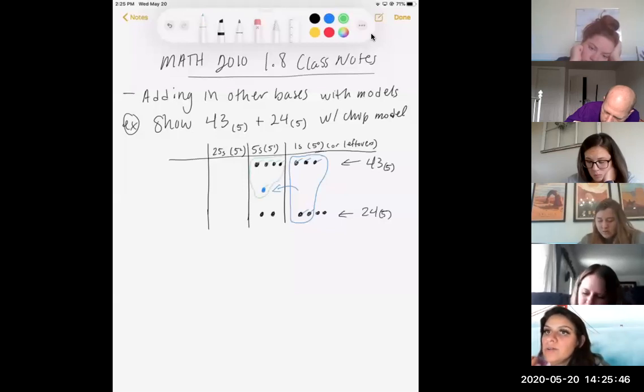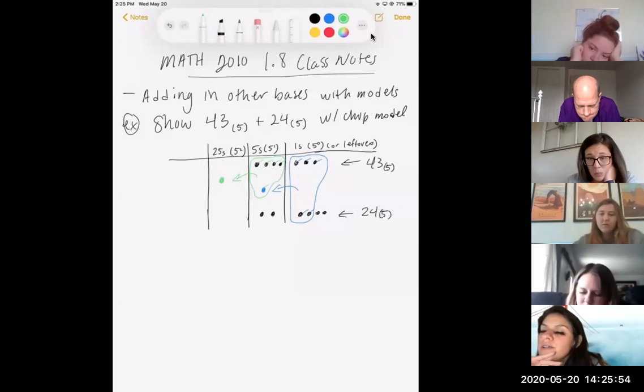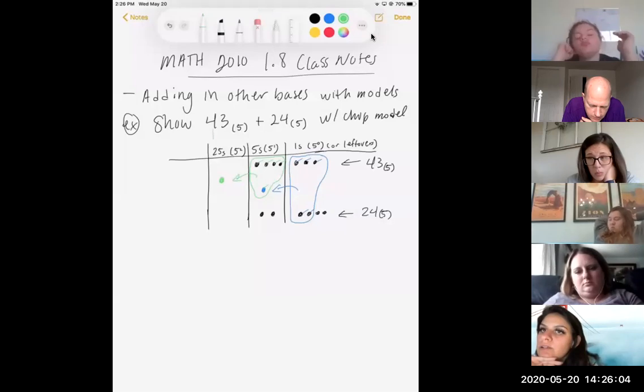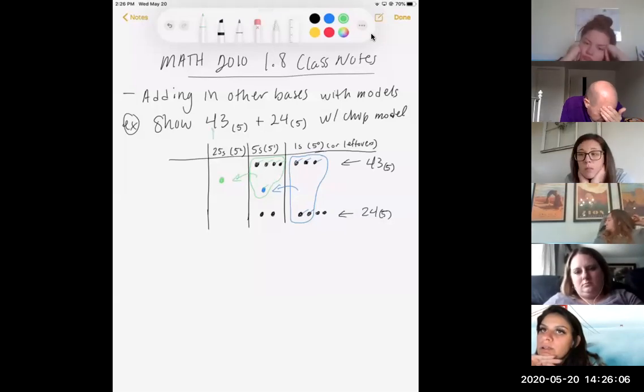I have a question real quick. Wouldn't it be one group of 25? And for the 40, wouldn't it be 8 dots in the 5s place? Because with 4 it would only be 10, right? Well, this 4 in the 4 3 base 5 is not 43 technically, because 43 means base 10.